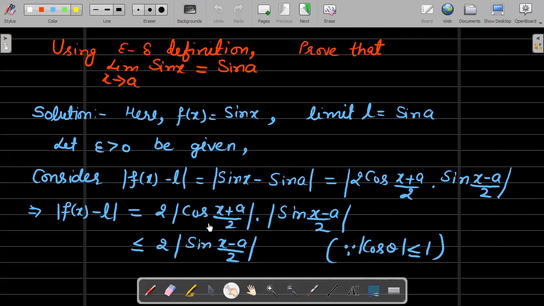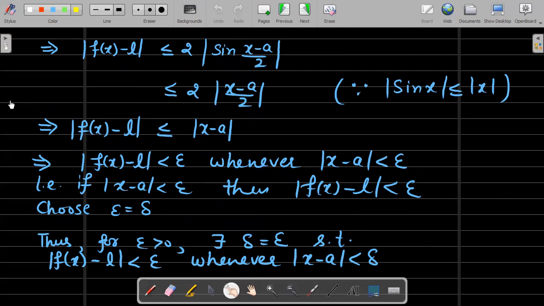Absolute value of cos is always less than or equal to 1. So |f(x) minus L| is less than or equal to 2 as it is, times something less than or equal to 1, and this is |sin((x minus a) by 2)|. So this becomes |f(x) minus L| less than or equal to 2 into |sin((x minus a) over 2)|.